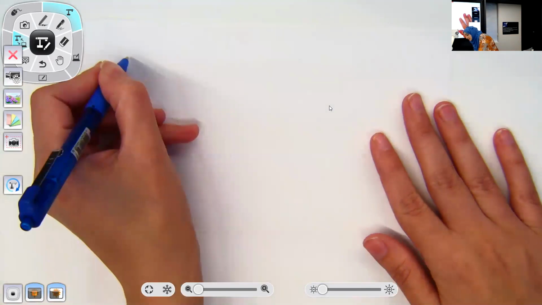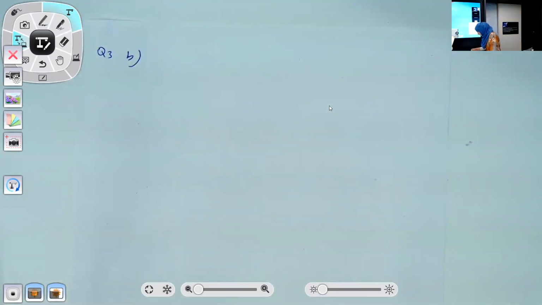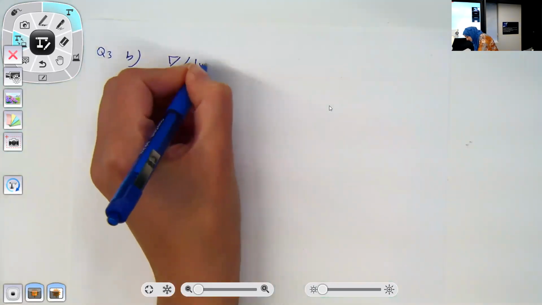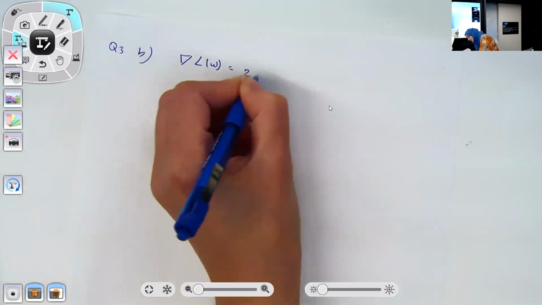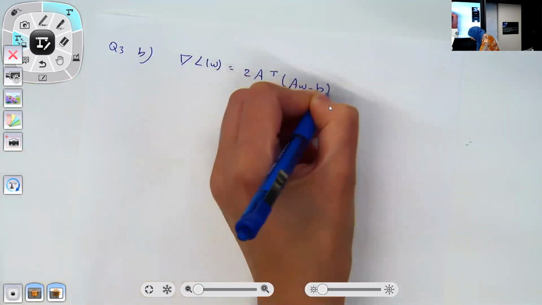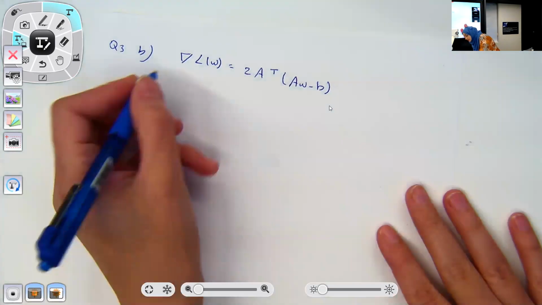So in part B, from question 3, they ask, show that we can write the gradient like that. We need to prove that the gradient of L omega equals A transpose times A omega minus B. At the beginning, we need to write L omega as a composition of two functions, like what we did before.